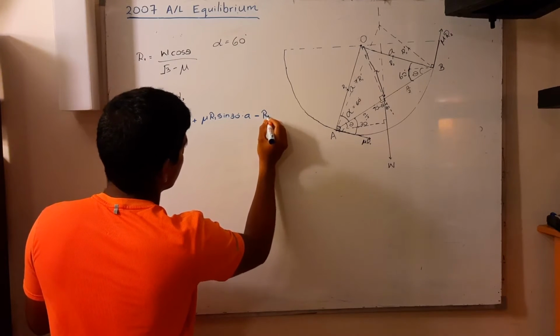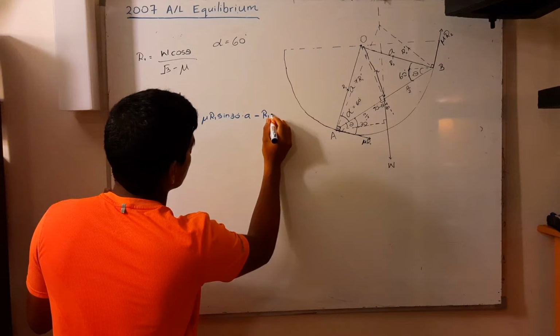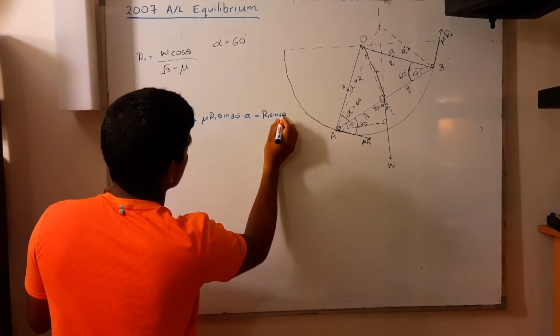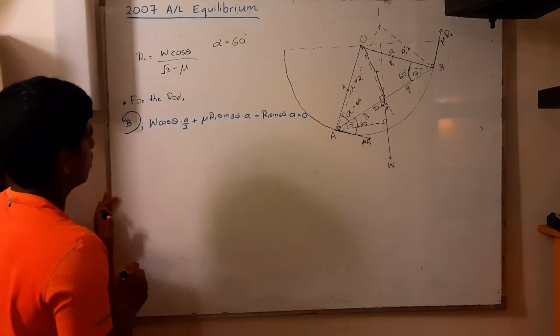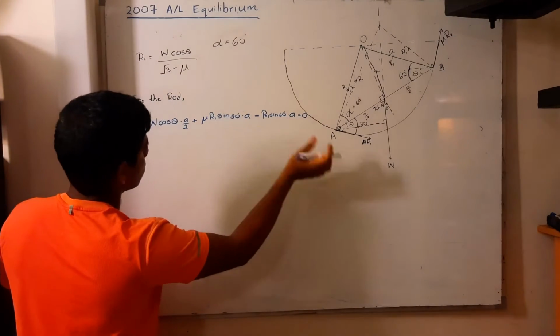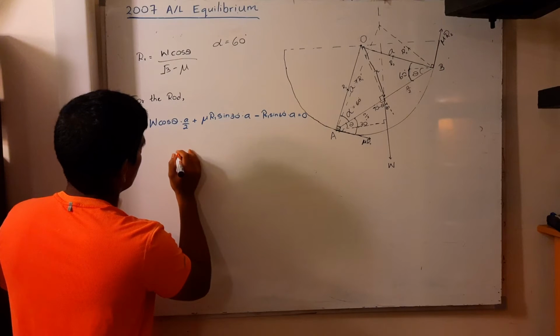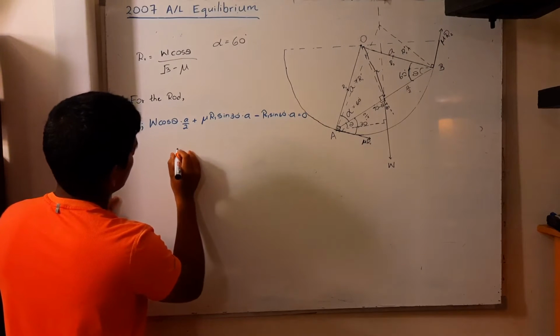So minus R1 sine 60 into A equals 0. I'm going to take the negative values on one side and the positive values on the other side.